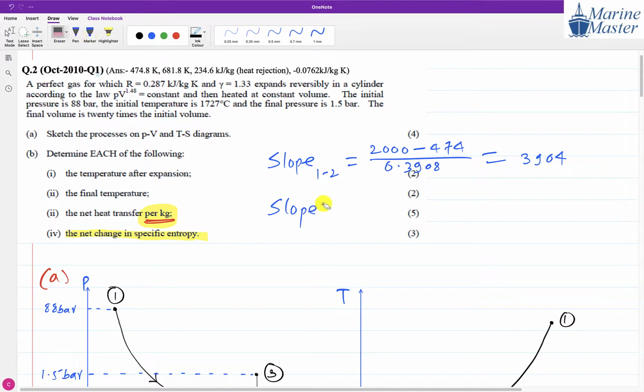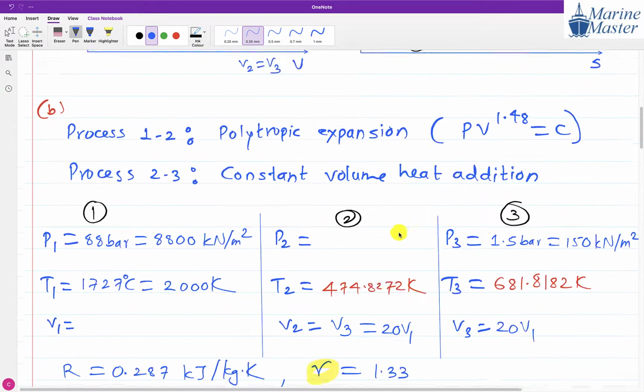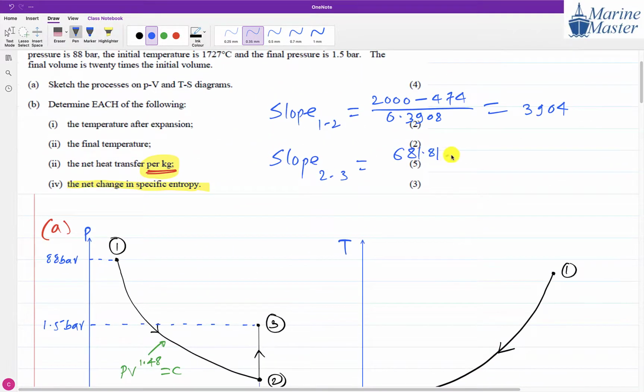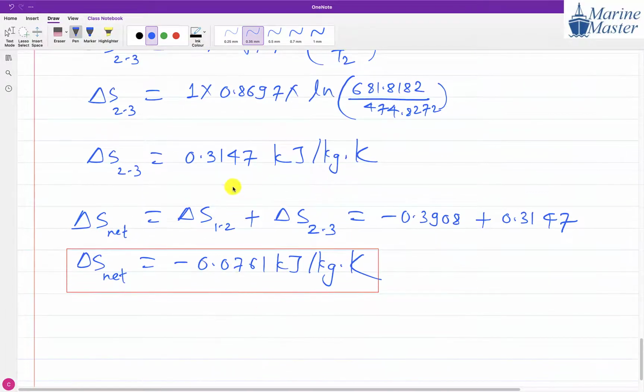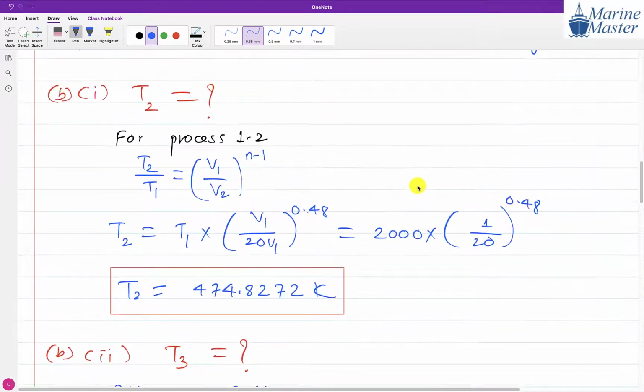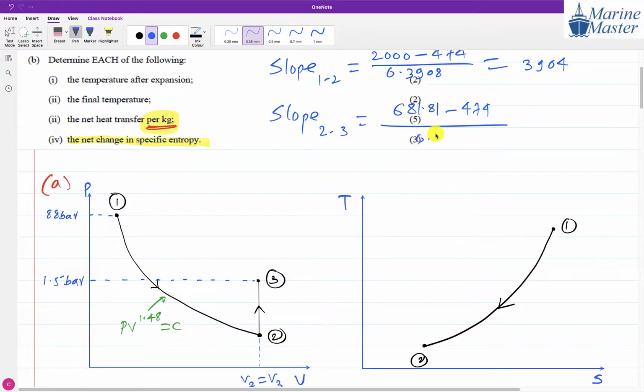Now the slope of 2 to 3. We will see temperature 681.81 minus 474, taking the approximate value, divided by delta S 2 to 3, which is 0.3147.